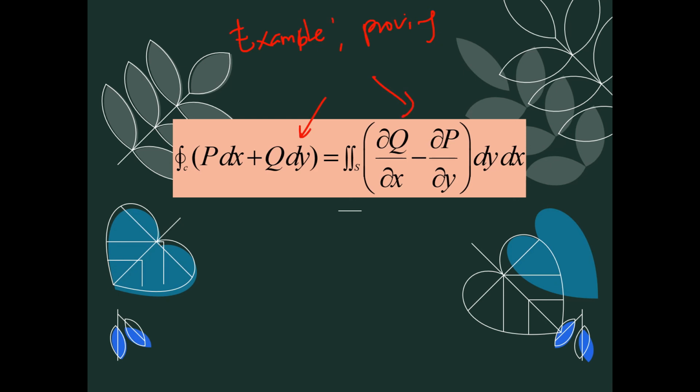Now for example 2, I want to show how you can just use one of the formulas, the right hand side or the left hand side, depending on the question. So in example 2, we just want to use Green's theorem. Let us proceed to the question.